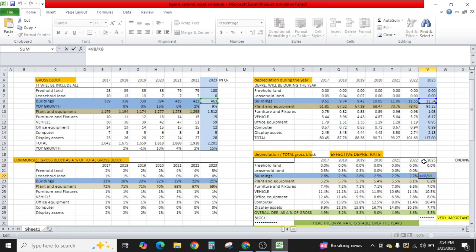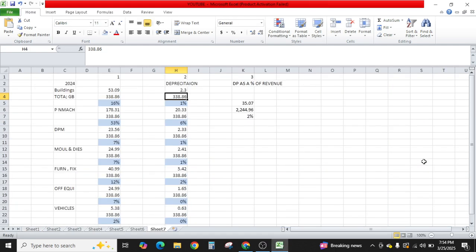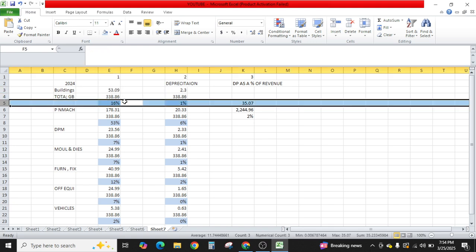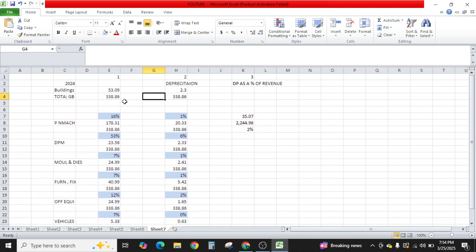Here I have done something different: I have taken total gross block, but we can also do this equals this divided by this.